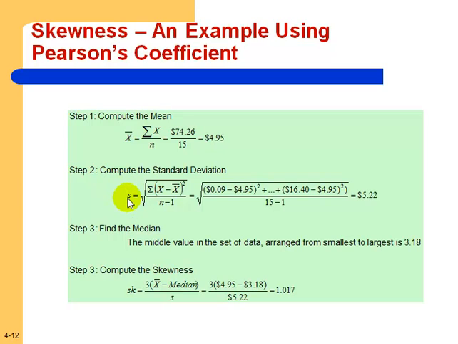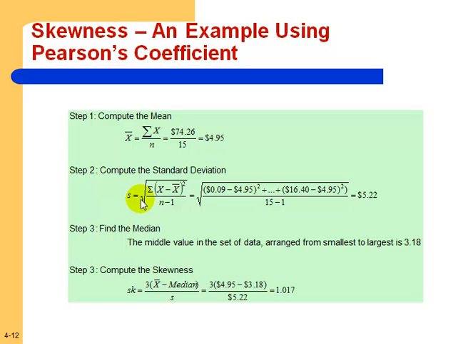Another difference is that the denominator for the sample standard deviation is n minus 1, but for the population standard deviation, the denominator is n. Some of our students made this mistake in last week's homework.